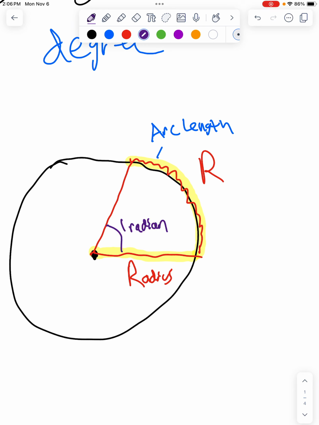The radius creates the angle and the radius on the arc, which is what 1 radian is. This angle right in here.